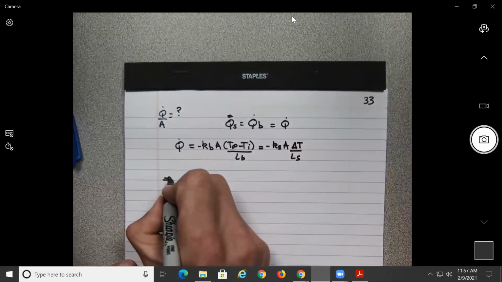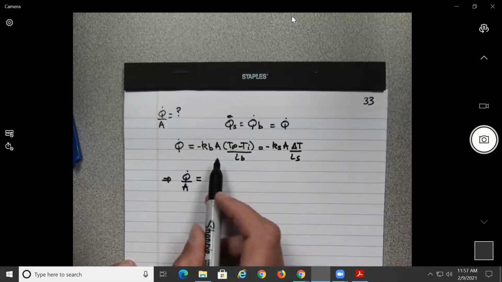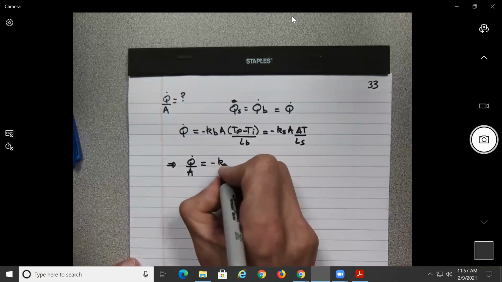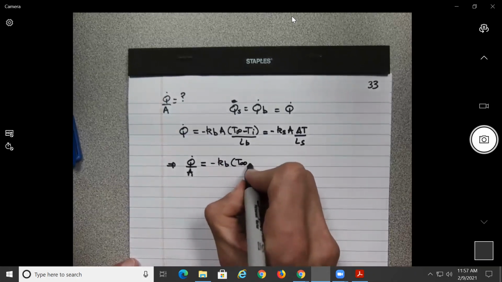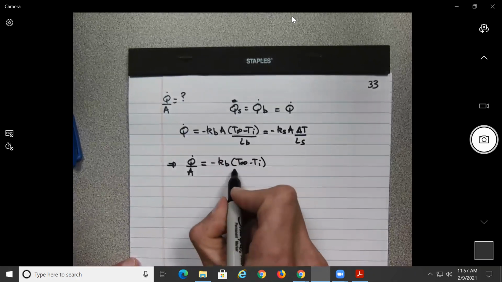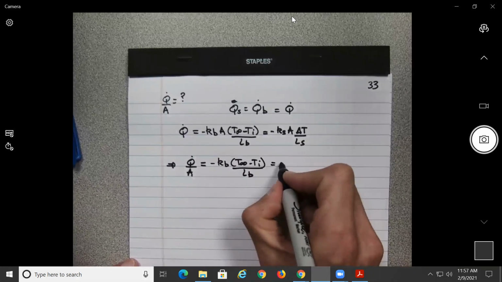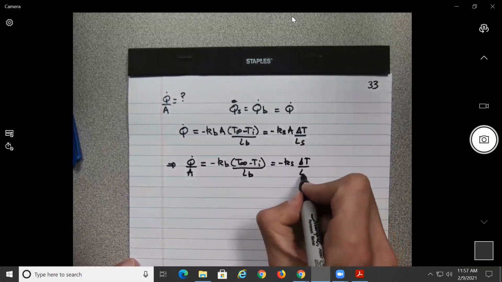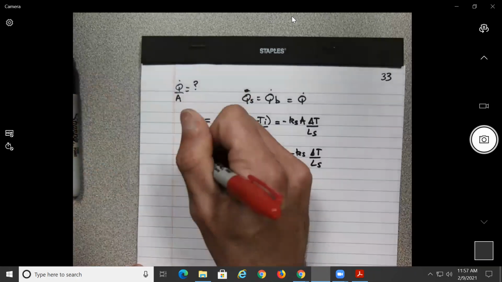We need to find Q over A, per unit area, in kilowatts. I can just divide everything by A. This will give us minus KB T infinity minus T initial divided by LB, or minus KS delta T divided by LS.